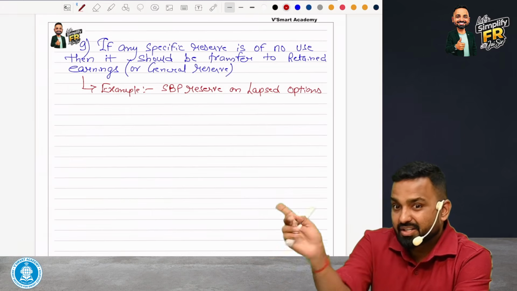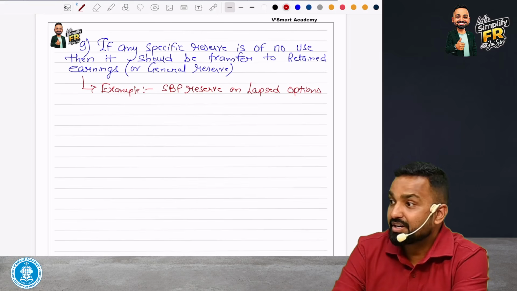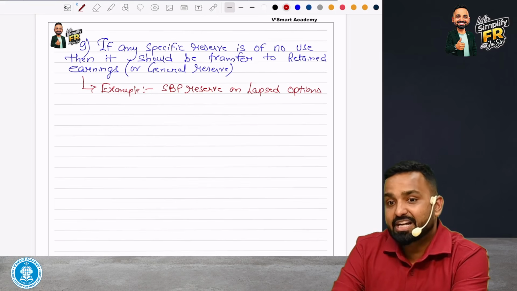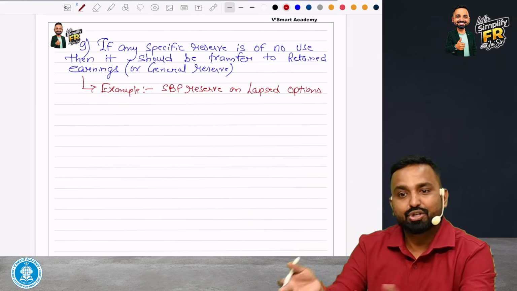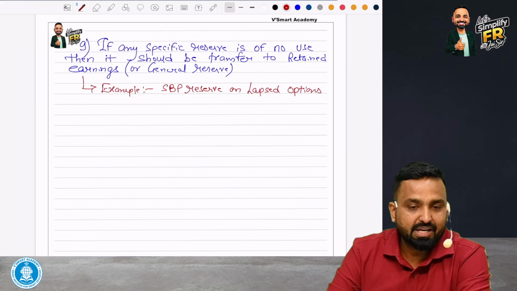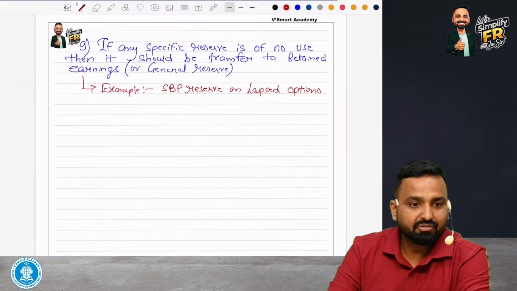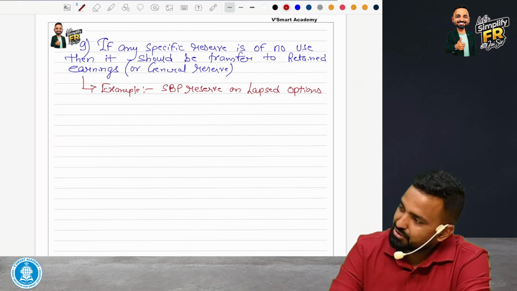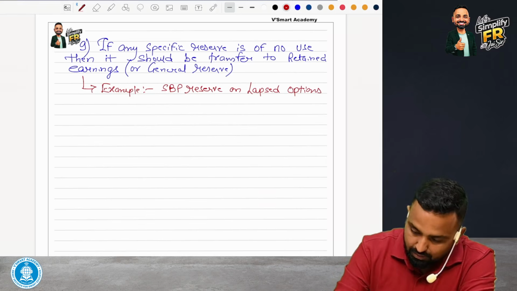DRR, reversal in the retained earnings. If you remember, DRR, debenture redemption reserve, you used to reverse it in the profit and loss or retained earnings once the debentures are redeemed. Now it is of no use, so DRR should be transferred to P&L or general reserve. It's the simple golden rule of accounting: whenever any specific reserve is not required now, always transfer it to retained earnings. It's a basic point.